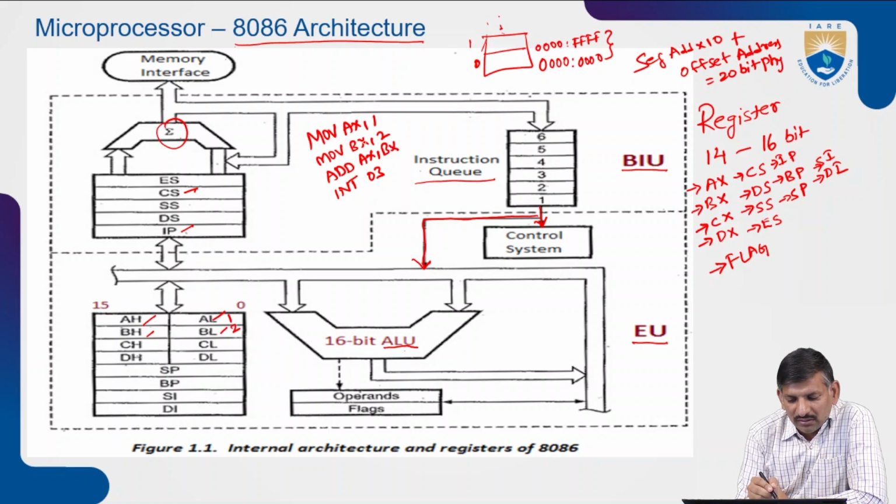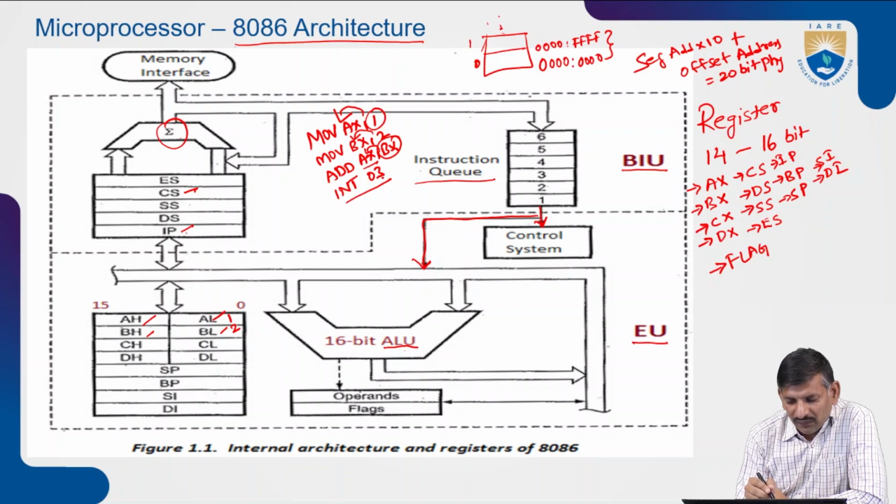The meaning is that value 1 is moved into the accumulator, and value 2 is moved into the BX register. Next, add the content of the BX register with the content of the accumulator, and the result is stored in the accumulator. Then break the operation.